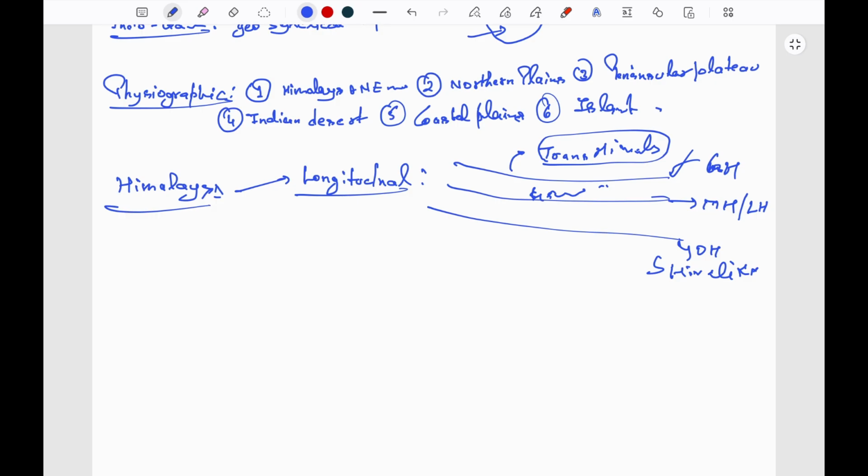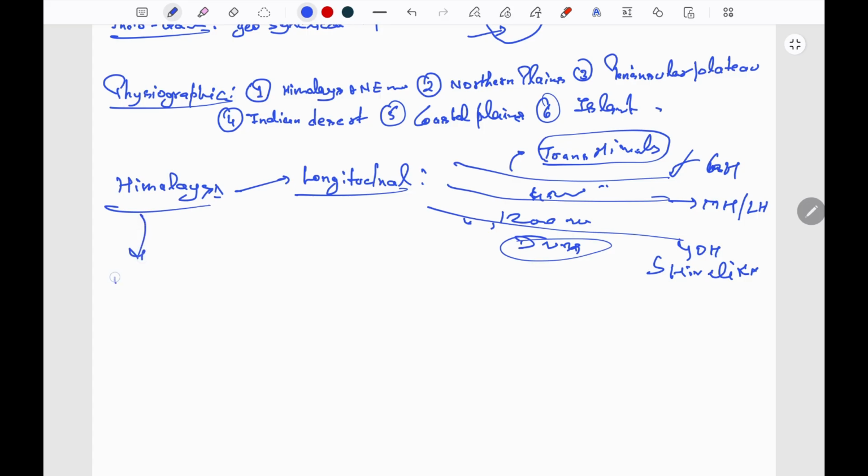And now comes the Shivalik range, which is the southernmost and youngest range of Himalayas, and its average elevation is around 1200 meters. It is primarily formed of unconsolidated river sediments, and it is characterized by longitudinal valleys like duns.